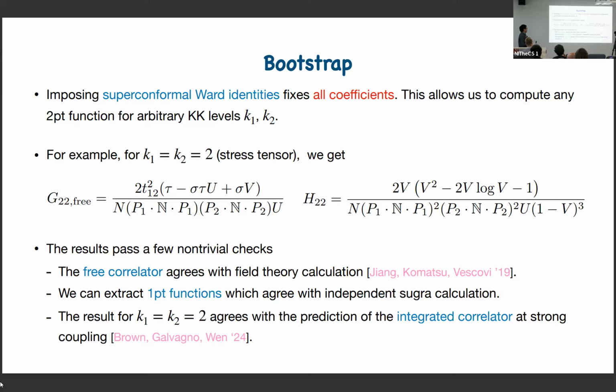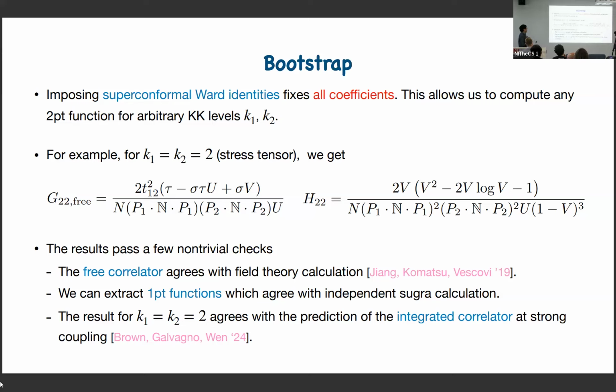Now, in doing this bootstrap calculation, I did not use any of these 1-point vertices as my input. However, you can explicitly compute the effective Lagrangian, get their coefficients, and compute the 1-point functions. That's an independent calculation, and you find it agrees with the 1-point functions which you can extract from the 2-point functions. That's another strong check.